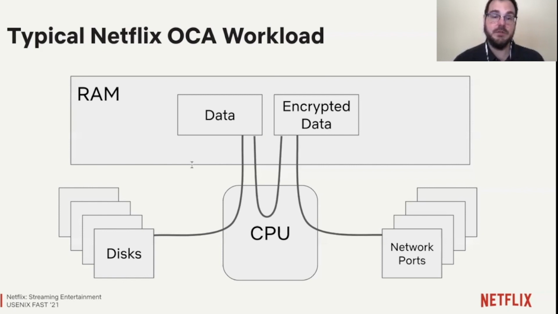But in addition to those things, the connections between these also are resources. And so PCIe lanes are resources. And memory bandwidth is a resource that we need to track and optimize. Likewise, even the I/O controllers and the memory controllers can become bottlenecks.